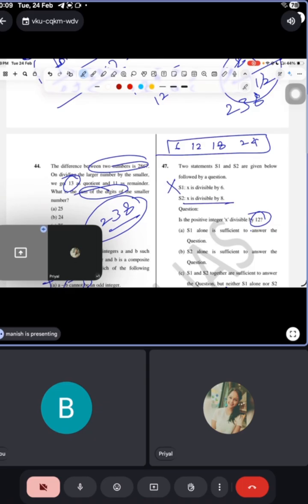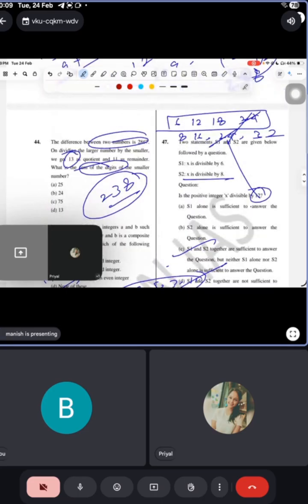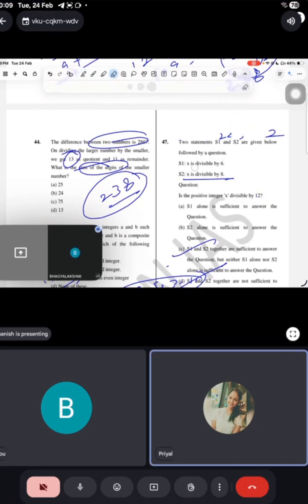X is divisible by 8: multiples 8, 16, 24, 32. 12 is not dividing 16, so this statement alone is also not sufficient. Now we will merge both. What is common here? 24 and 24, and 12 is dividing both. It means both together are sufficient to answer the question. This is how to get the answer manually. Otherwise, my approach is just that. Guys, have you understood?